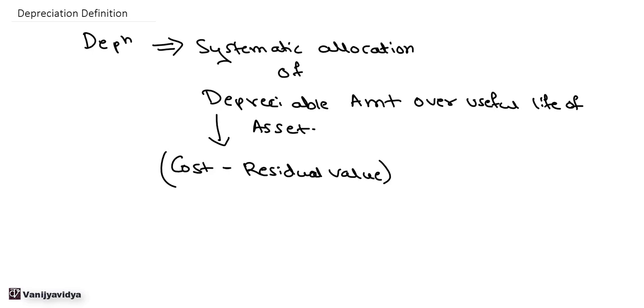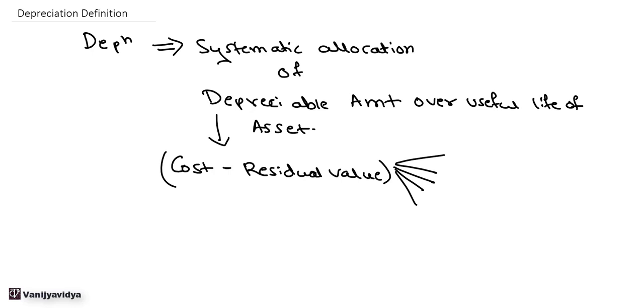Now this depreciable amount needs to be systematically allocated over the useful life of the asset. This is known as depreciation as per Companies Act. Now this depreciation comprises of three components or three parts.